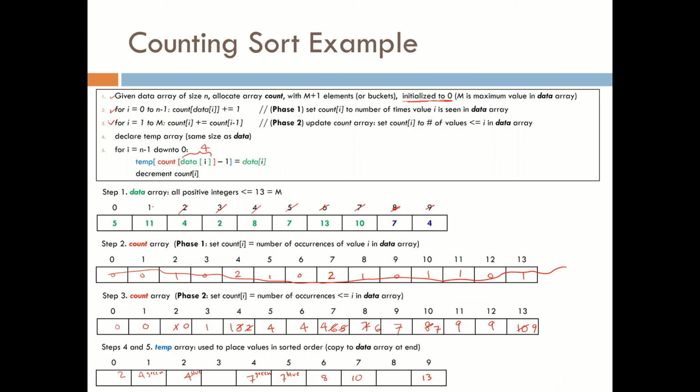Okay, we look at index 1. It's got value 11. Look at our count array. Value 11, index 11 has value 9. Subtract 1. That gives me 8. So place it in location 8. And decrement this particular value.